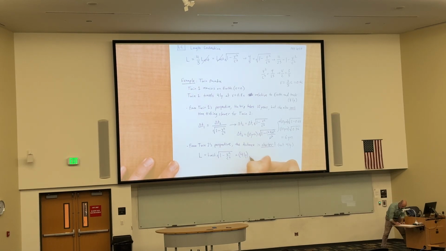But for twin 2, who's traveling at 8/10 of the speed of light, that's 1 minus 0.8c squared over c squared. We figured out that this term in the square root is equal to 0.6. So if I have 0.6 times 4 light years, I get 2.4 light years. So from twin 2's perspective, it's a shorter distance that she's traveling.